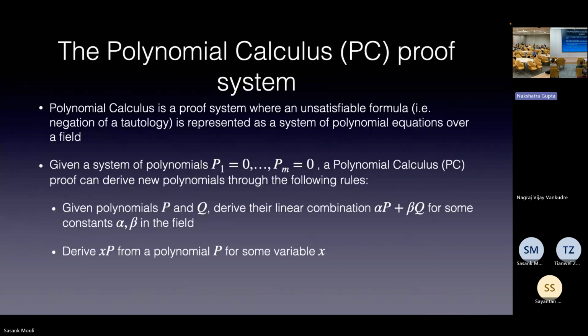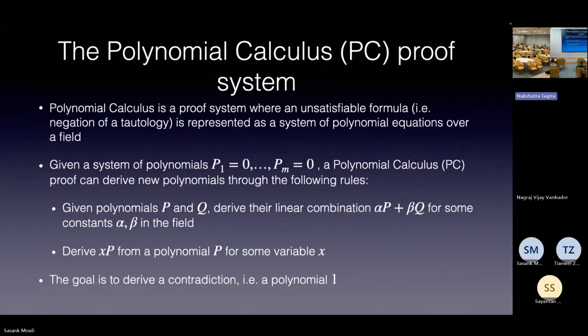These two are sound rules, which, given that certain polynomials are 0, always derive new polynomials that are also 0. You want to ultimately derive the polynomial 1, so that you get the equation 1 equals 0, which is a contradiction. That tells you that the original formula was unsatisfiable, or the original system of polynomials is unsatisfiable. Basically, we are working in the ideal generated by these polynomials and deriving new polynomials step by step.